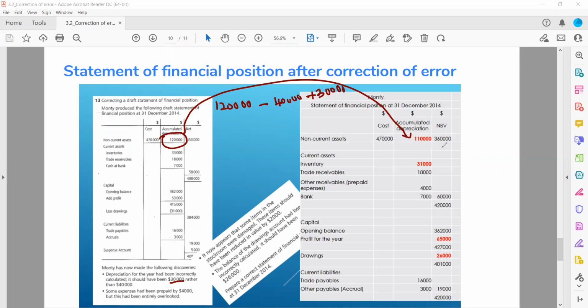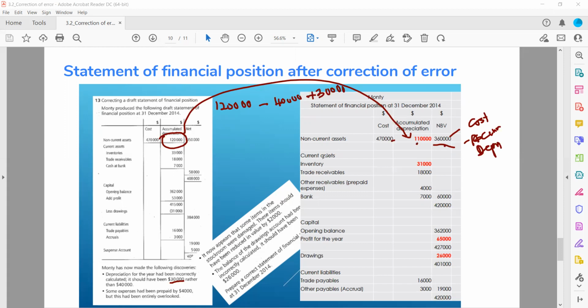So we need to revise the net book value. Take the cost minus the accumulated depreciation. Take this amount minus this, we get the net book value.